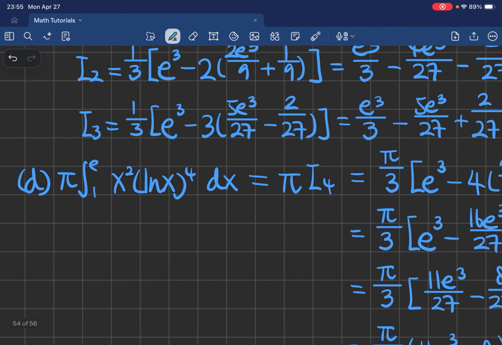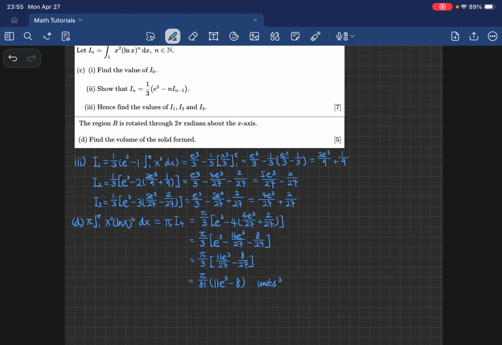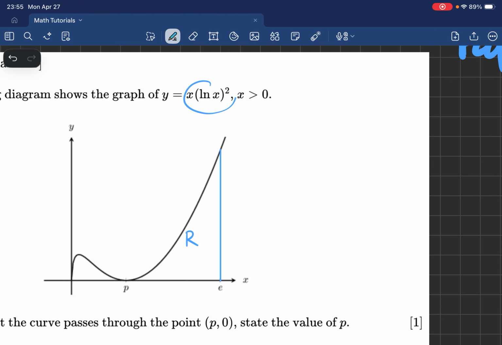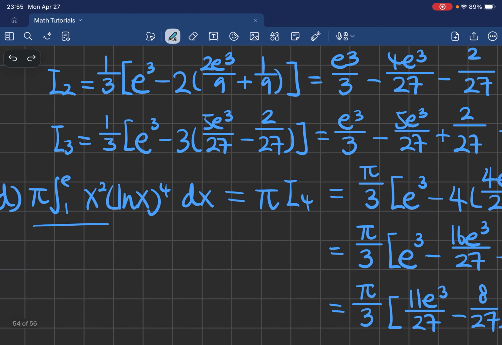So now just substitute that in there, right? And remember you've got to square this, so it's x squared times ln x to the 4. Looking at this directly, you might be thinking about integration by parts. However, you see that this is to the power of 4, right?